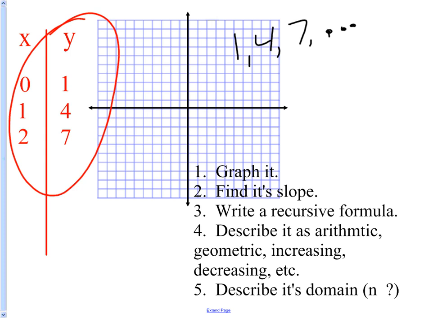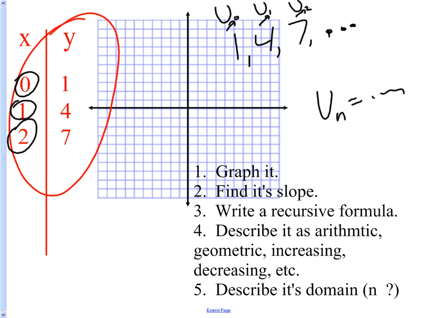Exactly. Those numbers are like u sub 0 for the 0 here, and u sub 1 for the 1 here, and u sub 2 for the 2. So remember, these little numbers right here, those are the n numbers. When we say u sub n is equal to blah, blah, blah, it's that number right there. That's the n.